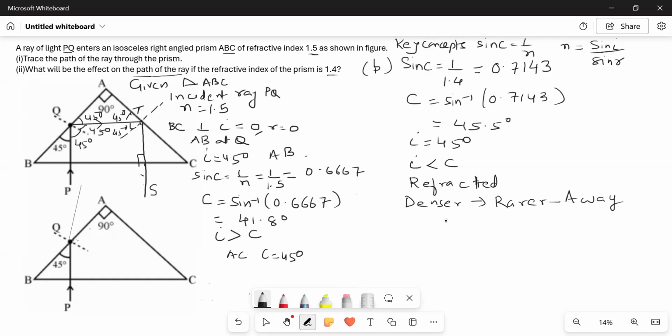Instead of going straight, it will go away from the normal, so it will take up a path away from the normal. The angle of refraction will be more than the angle of incidence. So I hope the problem is clear to you.